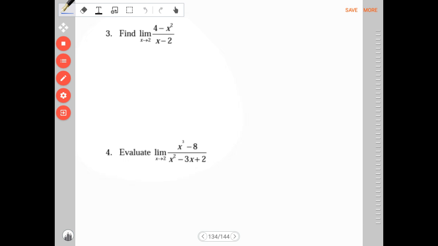The next one is a little bit different, still a difference of squares on top. So this is going to be 2 plus x, 2 minus x, over x minus 2. I'm sorry guys, here I'm not even following my own advice. So 4 minus 2 squared is 0, 2 minus 2 is 0, so this is a 0 over 0 limit.